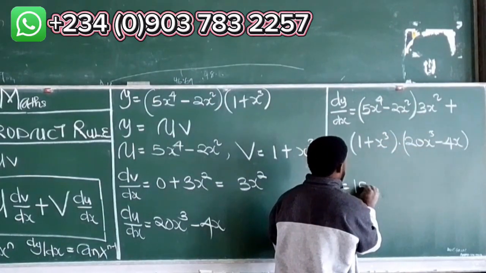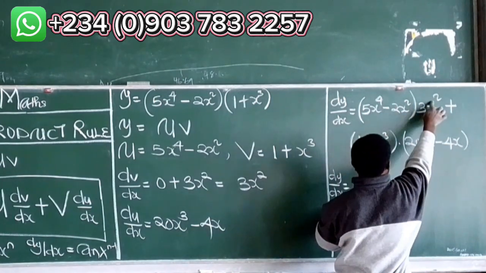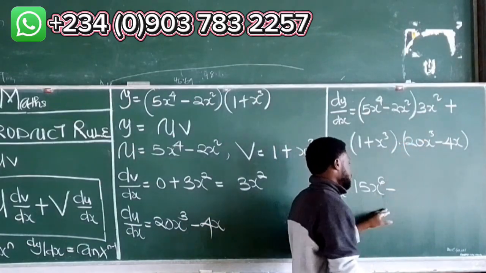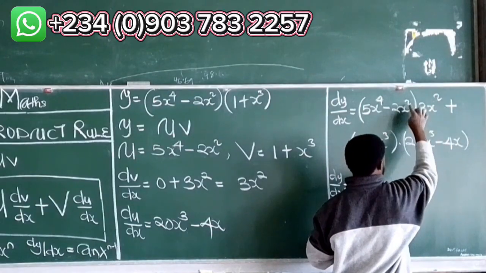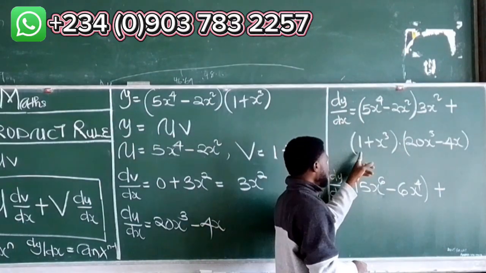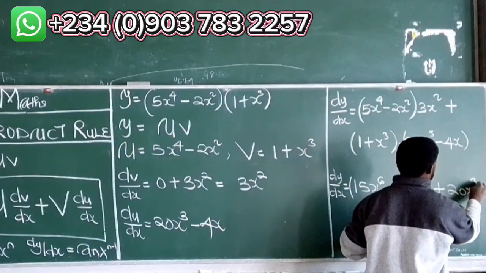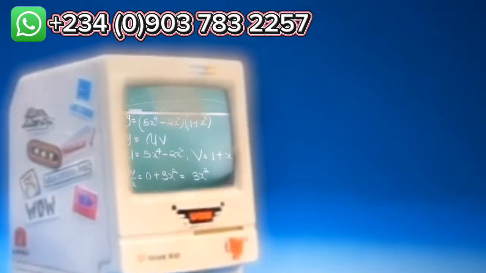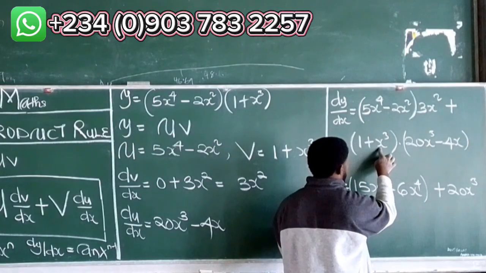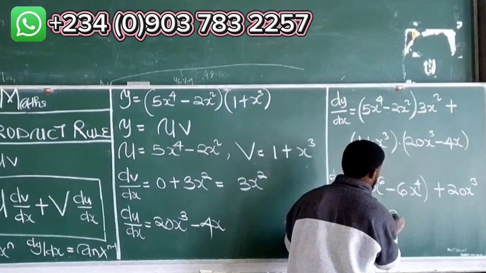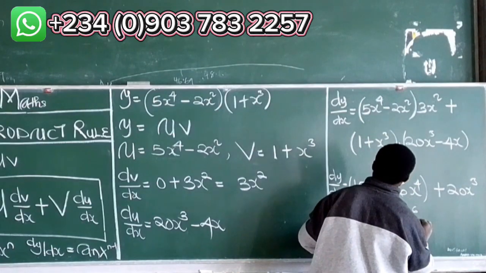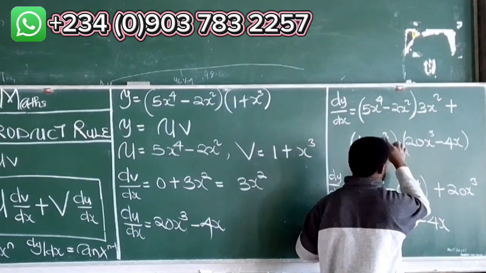I'm going to obtain 15x raised to the power of, then add their powers, x raised to the power of 6, then minus 3 times 2 is 6, 6x raised to the power of 2 plus 2 is 4, then plus 1 times 20 gives 20x raised to the power of 3, plus 1 times minus 4x gives minus 4x, plus x cubed times 20 gives 20x raised to the power of 6, plus x cubed times minus 4x gives minus 4x raised to the power of 3 plus 1, which is 4.